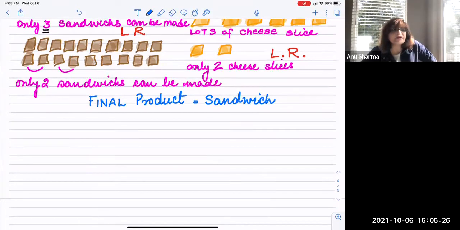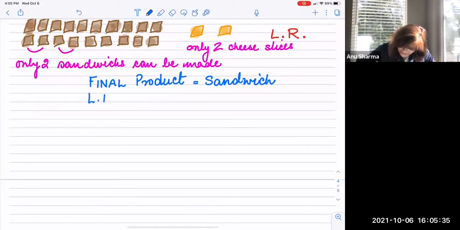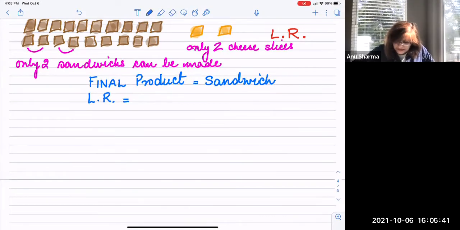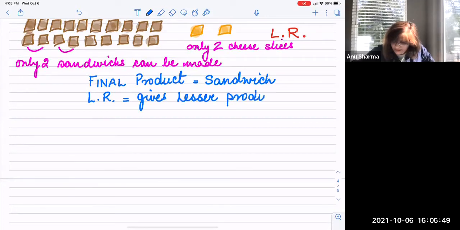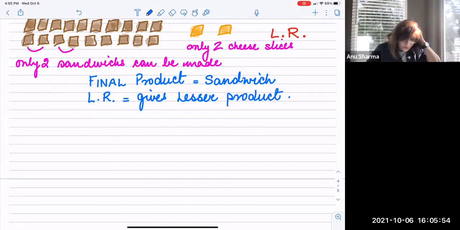Whichever is less is going to give you less product. So the limiting reactant is not the one that is lesser in quantity, but the one which gives lesser product.